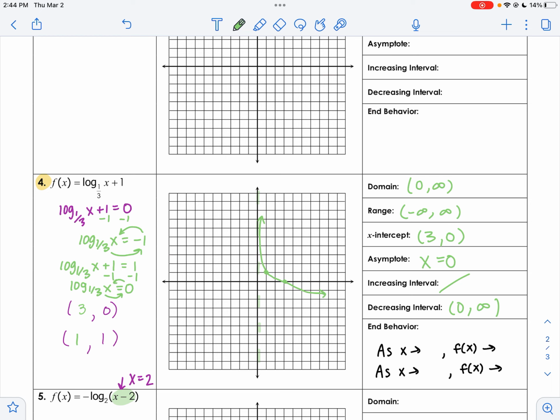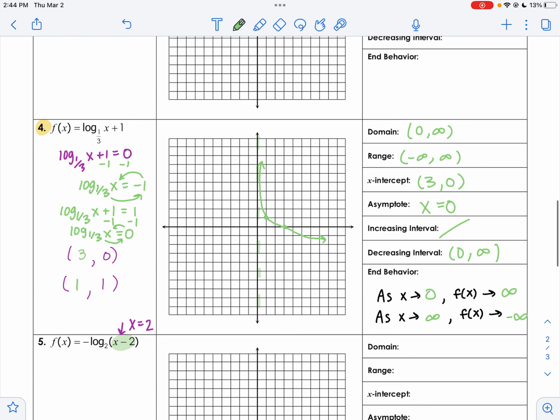And then these end behaviors, as I'm going to the left side, I'm still going towards 0, but now I'm going up when I go to the left side. As I go this way, I'm going up, and then as I go to positive infinity, I'm going to negative infinity. The order of these does not necessarily matter, right? If you flipped them, that would be totally fine, but this would be our number 4.